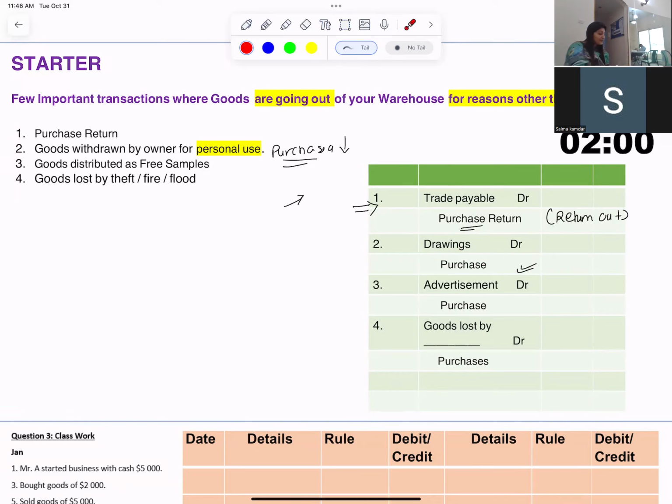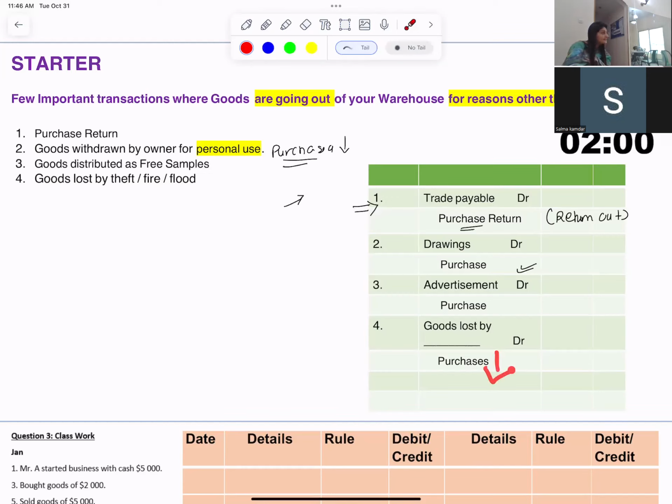Come on, next one. Goods distributed as free samples. Which goods have you distributed as free samples? Those goods are reducing, so purchases will be credited. Goods lost by fire and theft. Which goods have been lost by fire and theft? The ones that you purchased to resell. So your purchases are reducing. Now what will be debited?